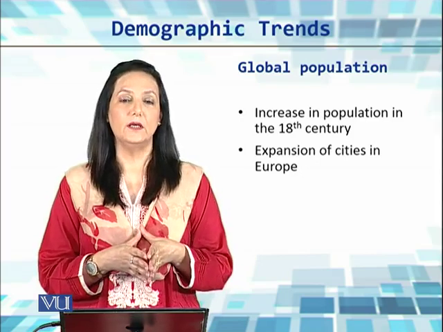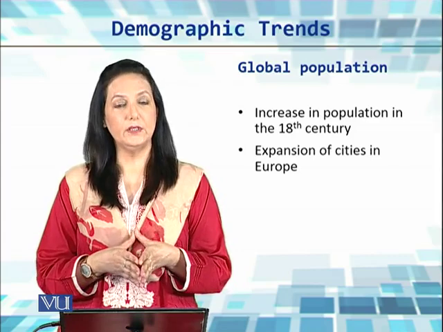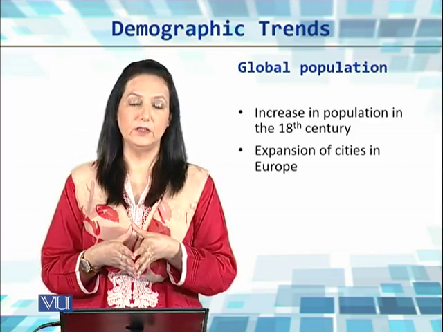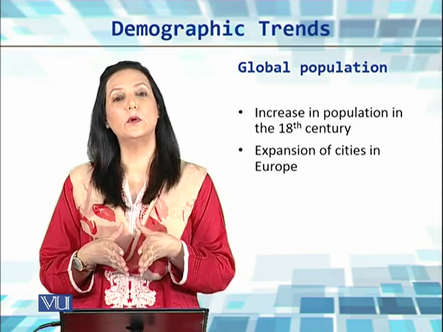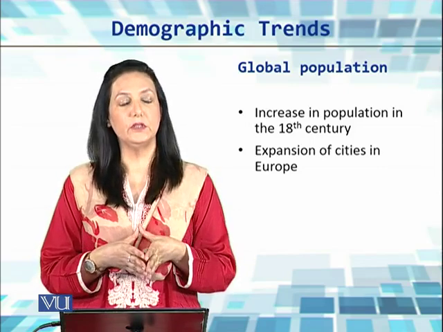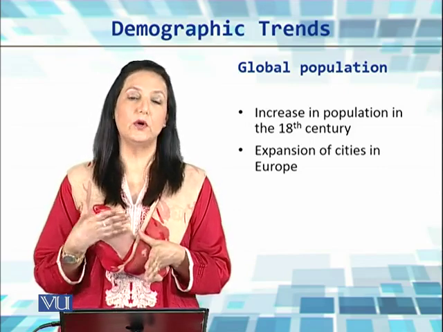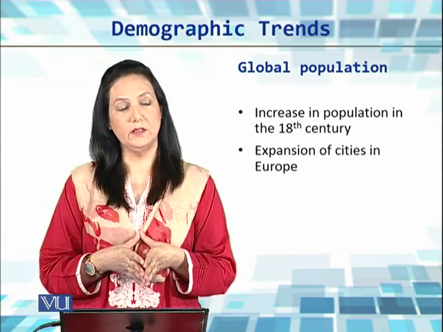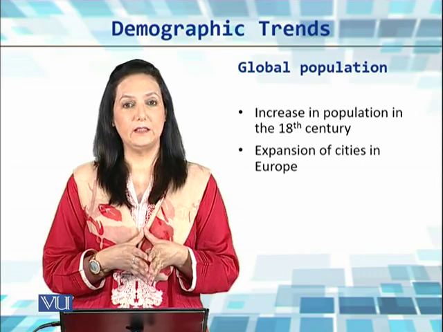One was the agrarian revolution, that is the revolution which has taken place in the field of agriculture and farming. The other was industrial revolution. Because of the industrial revolution, the increasing industrialization of the cities in Europe, new employment opportunities were being created, and therefore the cities were expanding.